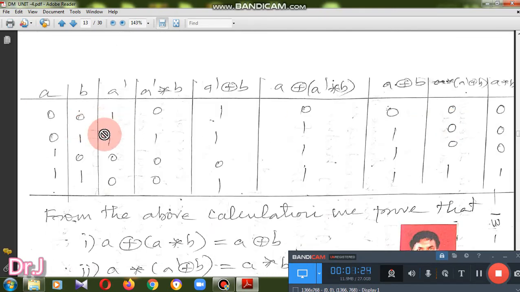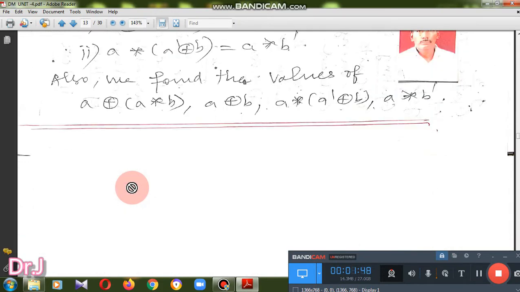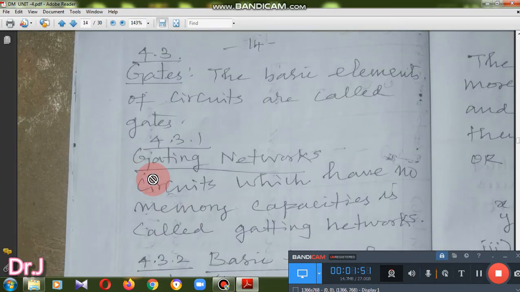So these are the values we are giving to these particular Boolean variables. These are called Boolean values. Boolean values for the variable A are 0011. For the Boolean values of B, they are 0110. When A takes these values, A dash takes the complementary values. That's what you have to understand.